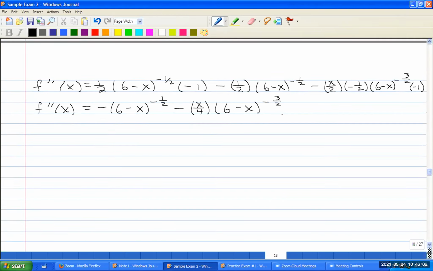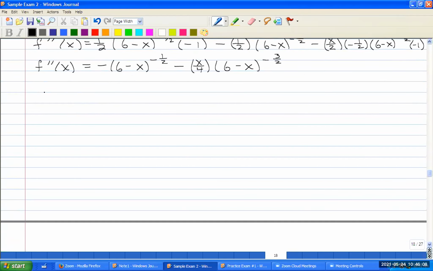Okay. And so the second derivative, well, I have to find a common denominator. So the common denominator is 4 times 6 minus x to the 3/2. Okay, so that's my common denominator.